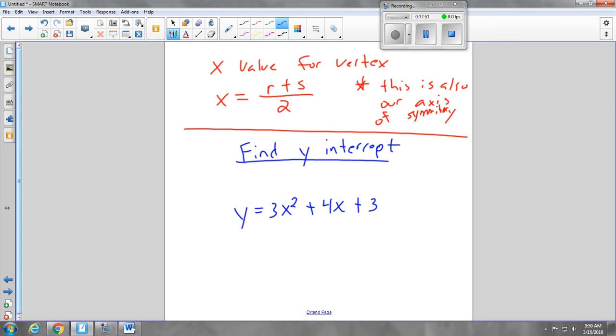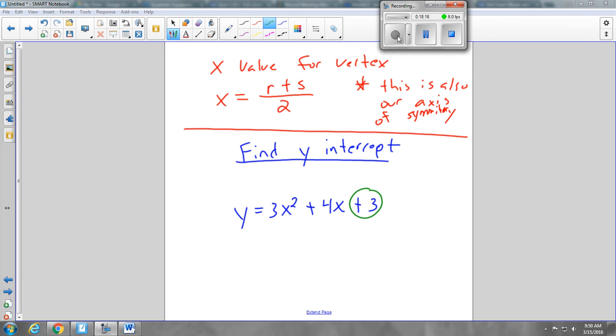We kind of played around with that at the very beginning. You might remember. Yeah, the y-intercept is always just this number, just 3. So it's equal to 3, and I'll just make sure you know why.